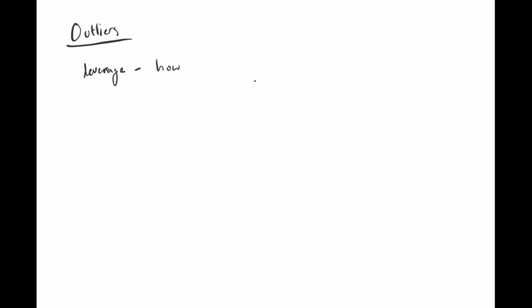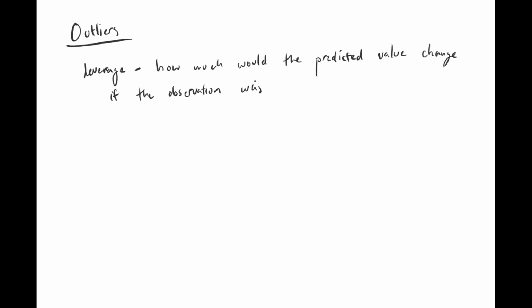So this is how much would the predicted value change if the observation was shifted 1 unit in the y direction. So this is always between 0 and 1.